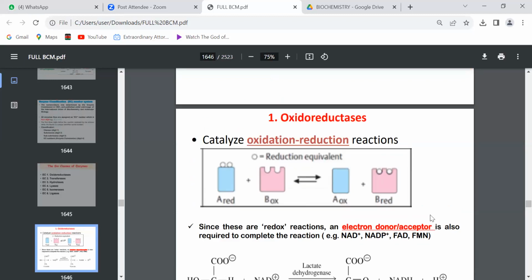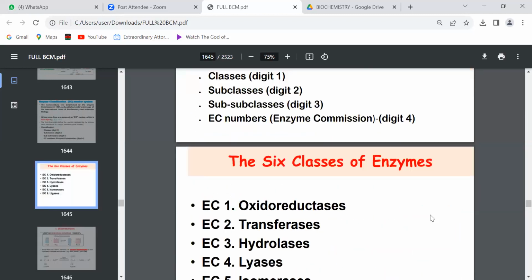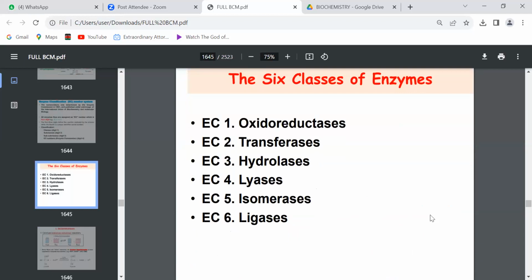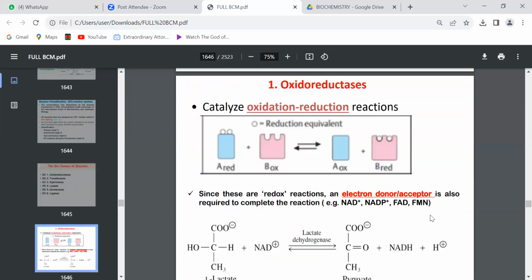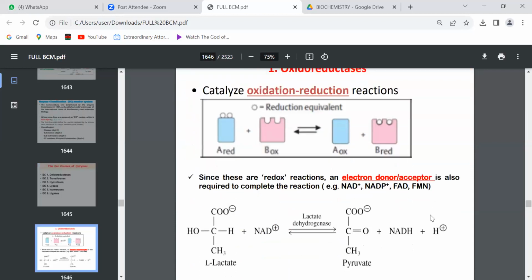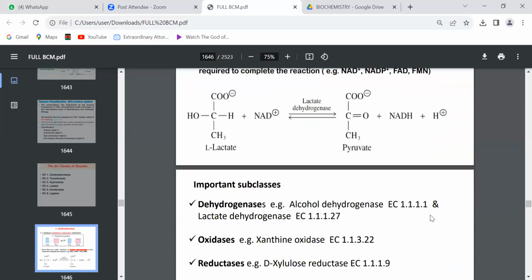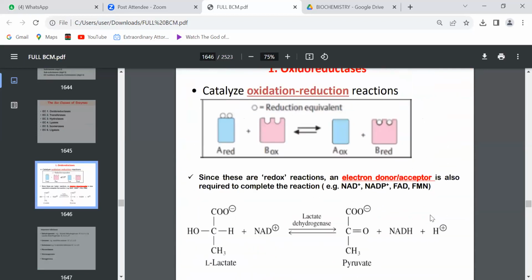For this, you just have to know what class has what type of enzymes. So oxidoreductases are involved in the transfer of either hydrogen or oxygen.